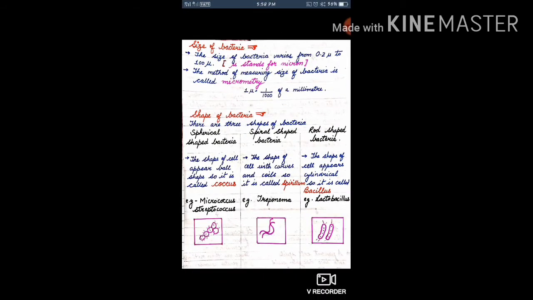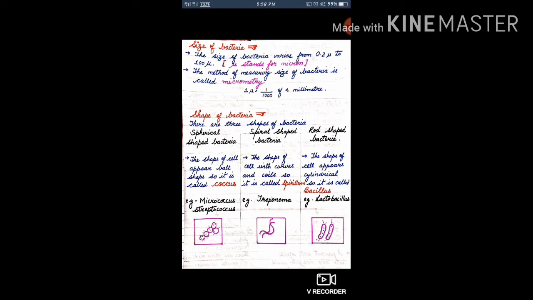Now we will discuss the size of bacteria. Bacteria are unicellular organisms with a cell wall. They do not have any nucleus. Each bacterial cell can exist singly, but some bacteria occur as a chain or as a group of cells.